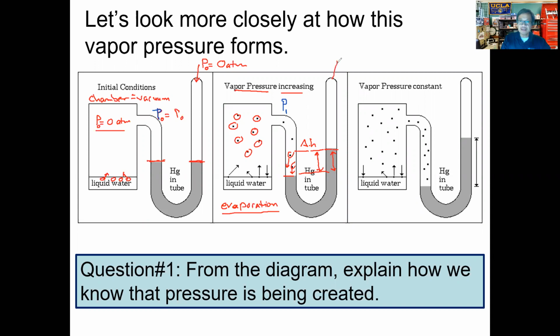It's still going to be roughly about 0 atmosphere, so it pushes up into it. The pressure on the right-hand side will be greater than the pressure on the left-hand side. And again, that's how we know that something's happening. That's how we know there's vapor pressure forming over here.